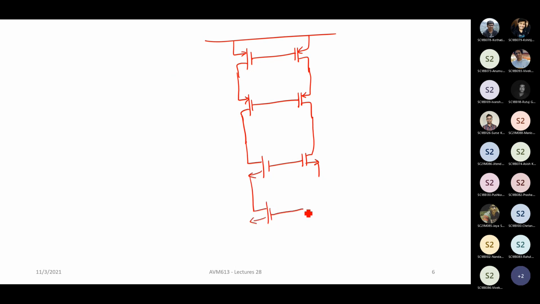Now, just to expose you to the single-ended version also, let me draw this as a single-ended op amp. Okay, sorry. Let us first put this one. Let's say we have an NMOS input pair.